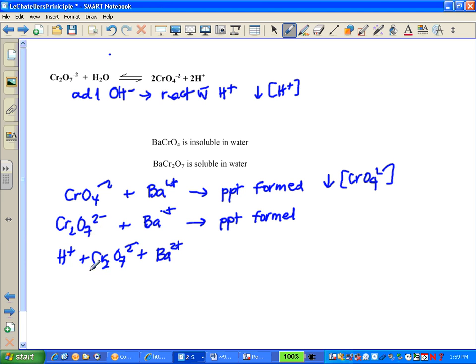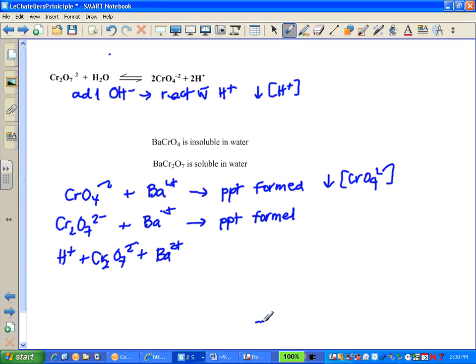In the last scenario, where you start with the dichromate ion, and before you add the barium, you add a significant amount of H+, so we add an excess of H+ ions. That equilibrium is going to shift very far to the left. Because of the addition of the H+, this equilibrium is shifting very far to the left, and it's lowering the concentration of the chromate ions to almost nothing.